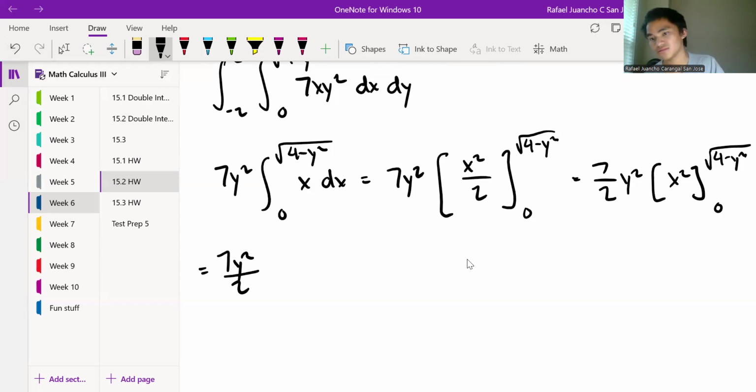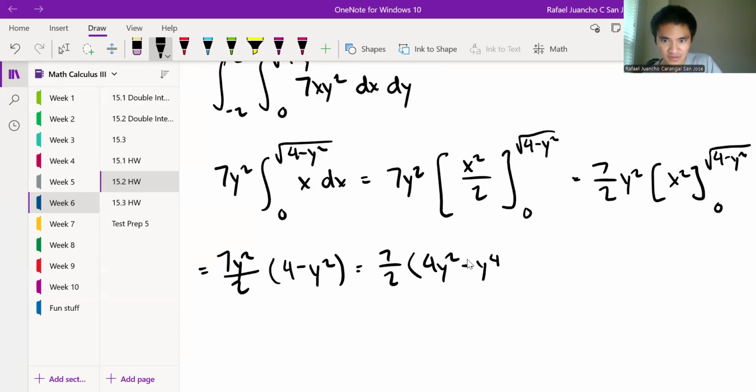Here I get, oh, this one's squared. Look at that. There we go. Nice. And then I think we can make this really nice. We can put my y squared here, so I would get something like 7/2 times 4y squared minus y to the 4th.